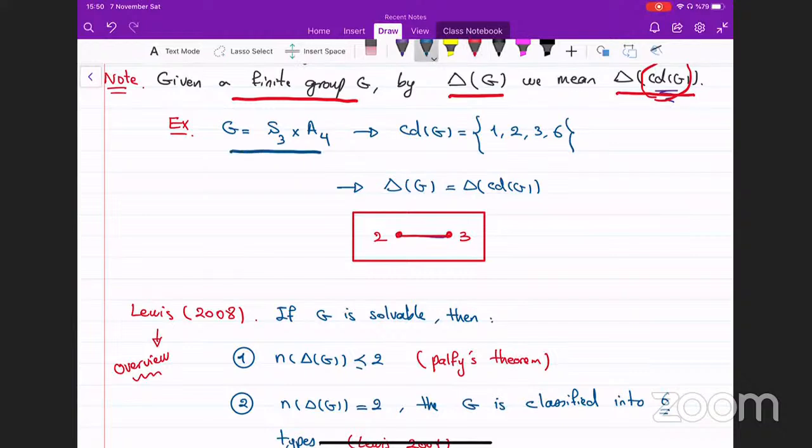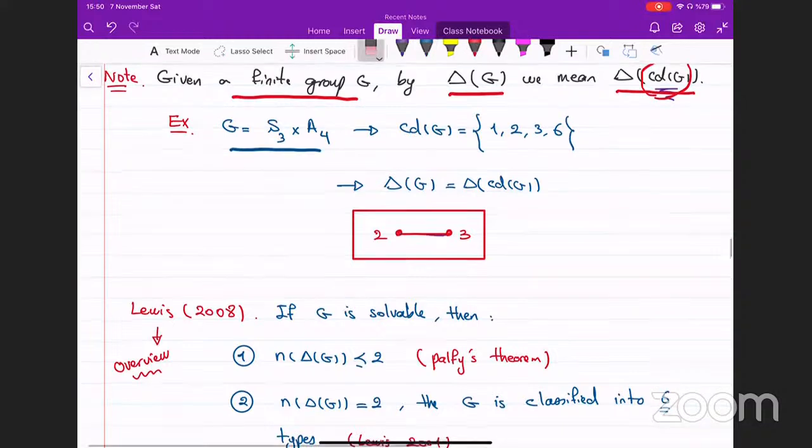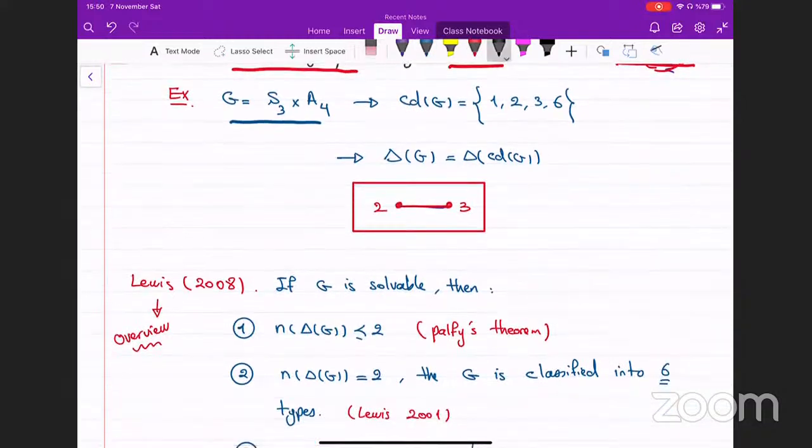I have a group which is a direct product of S3 and A4. We have this property that if G is a direct product of H and K, then CD(G) consists of products n times m, such that n is in CD(H) and m is in CD(K).